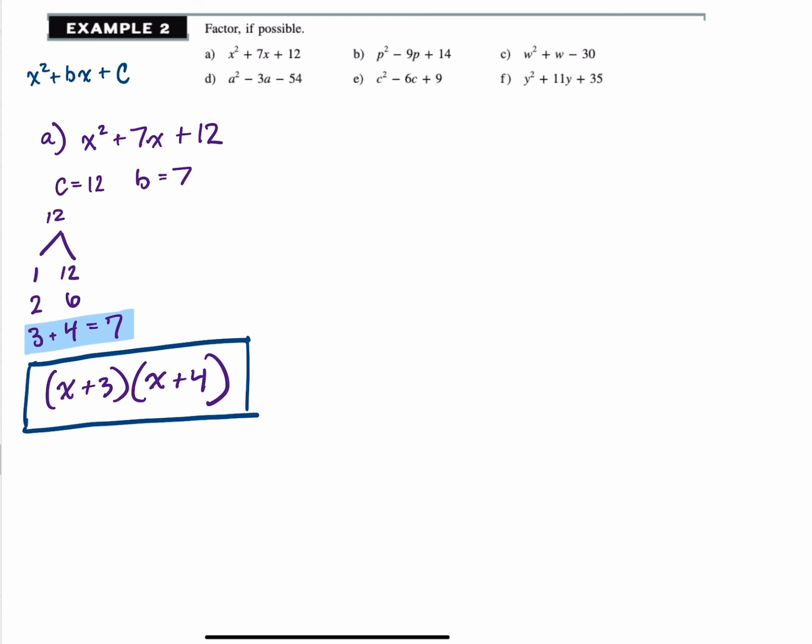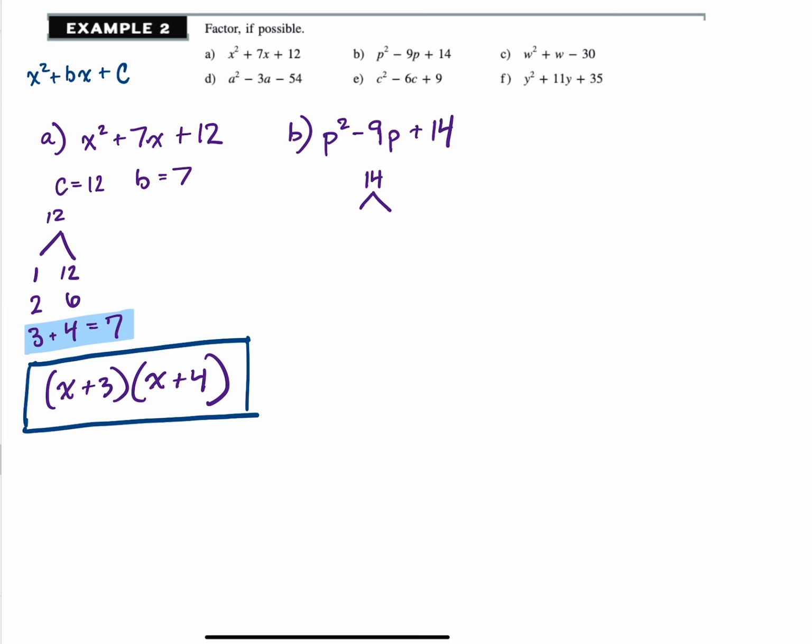All right, there's a bunch of these, so let's get some more practice. Part B gives us p squared minus 9p plus 14. So our c term is 14, and our b term is negative 9. So I'm looking for factors of 14 that add up to negative 9.